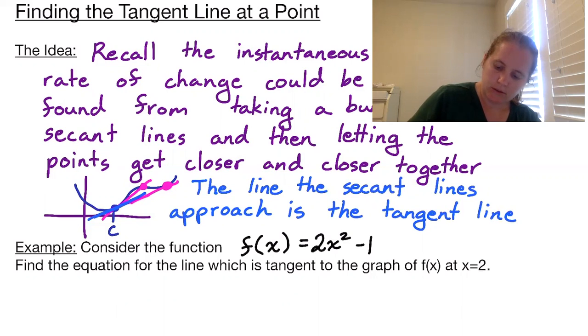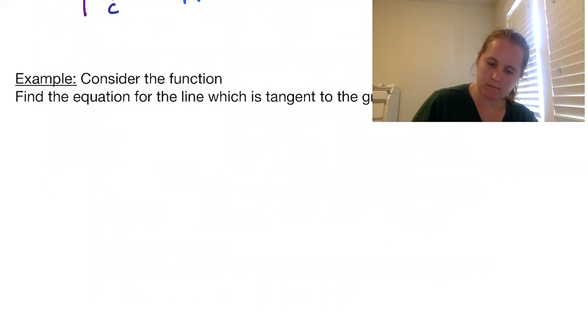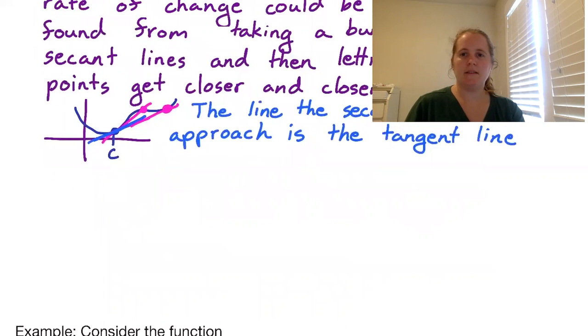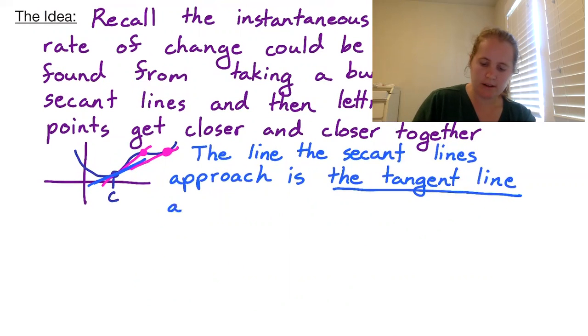So the line that the secant lines approach is considered to be the tangent line at x equals c.